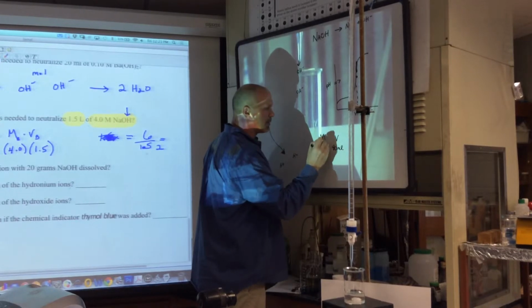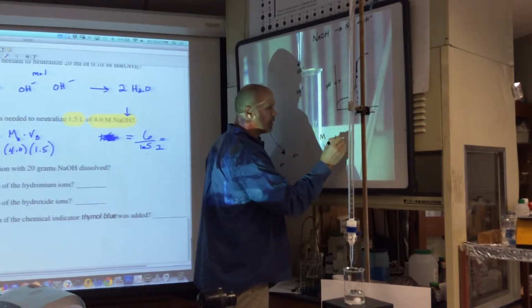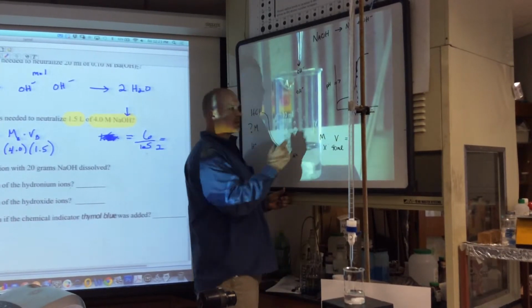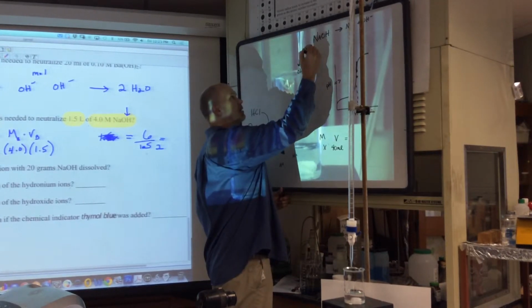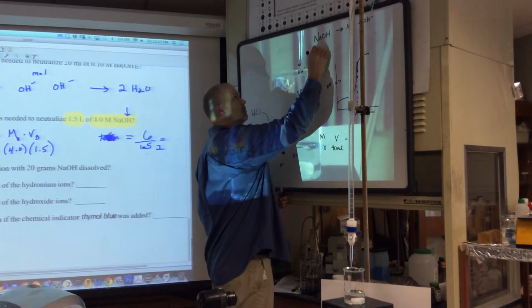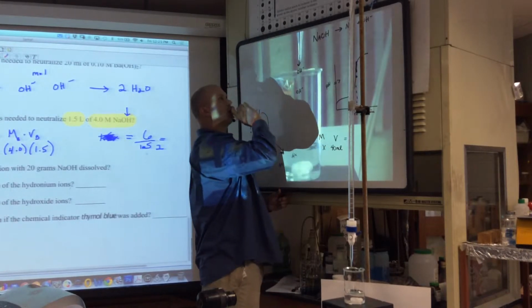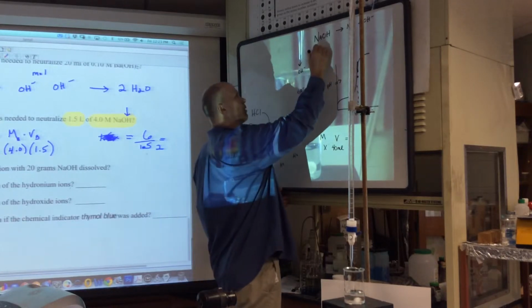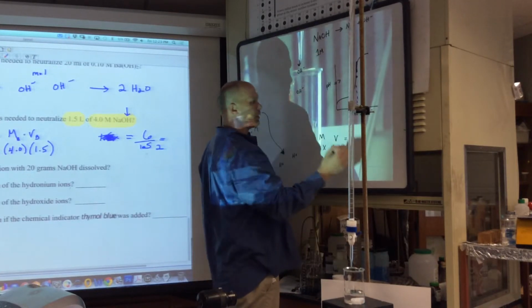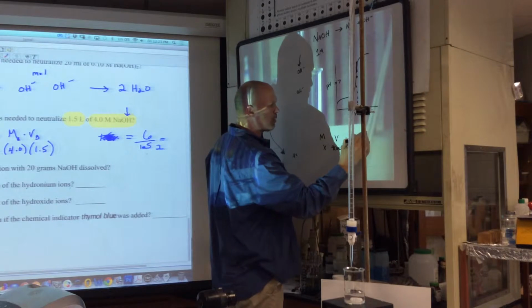What's my M? I don't know. Equals the base. The molarity of the base, I do know. I think I might have used different values. It doesn't matter. Let's pretend it's 1 molar. Okay? So let's make the molarity 1 molar.